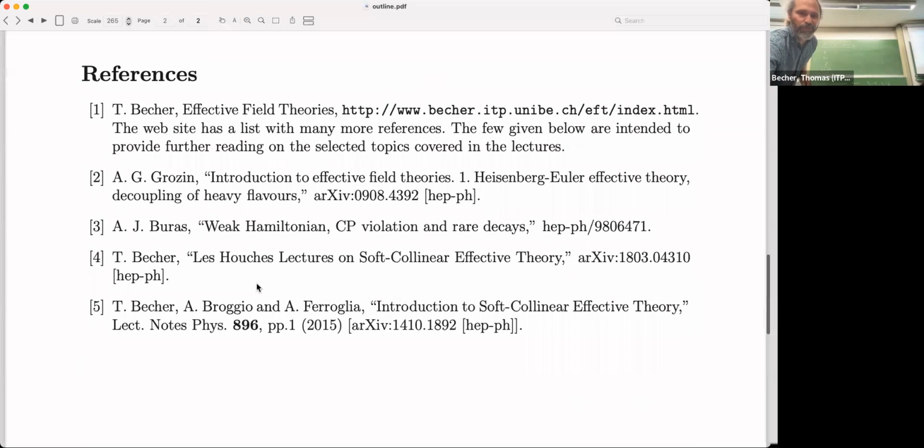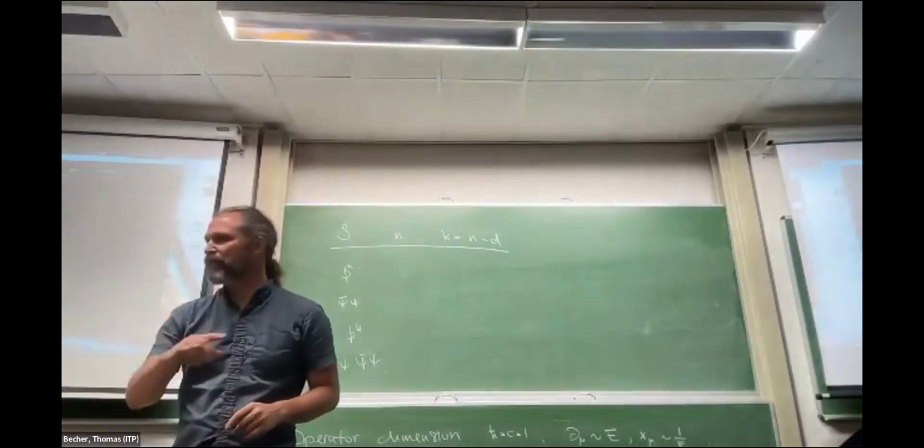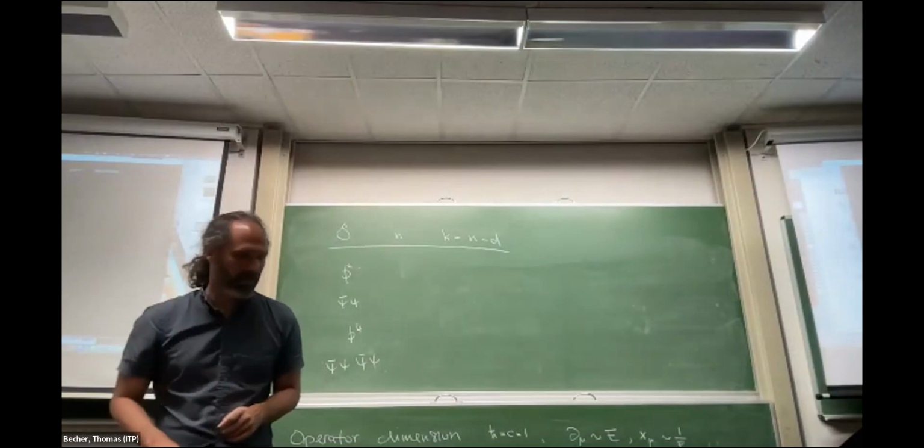And then later on for the soft collinear effective theory, there are books. For this, I wrote the book, but you don't have to buy it. You can just download it for free from the arXiv. Anyhow, there are many more references in this script, but a few of the relevant references for our discussion would be here. And I can maybe send this outline around to the same email list.